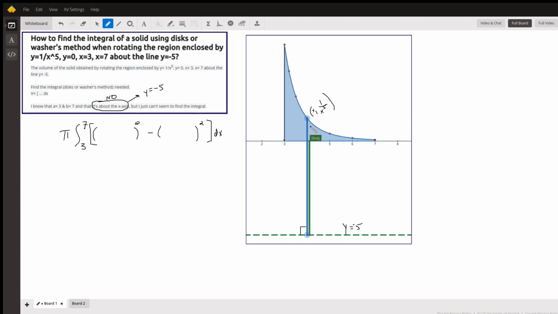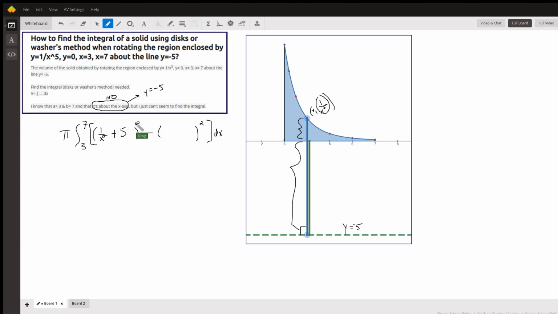So this distance right here for every x is 1 over x to the fifth, the y coordinate at the top, minus a -5, the y coordinate at the bottom. We're really adding up this distance and this distance. So 1 over x to the fifth minus a -5, that's an expression for the outer radius for every x between 3 and 7, and we want to square that.